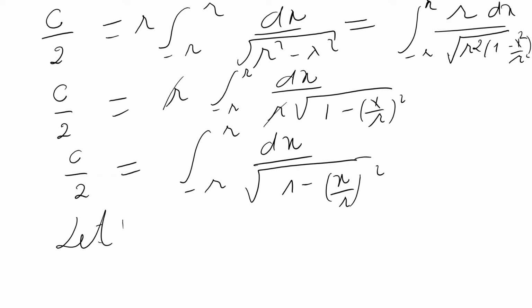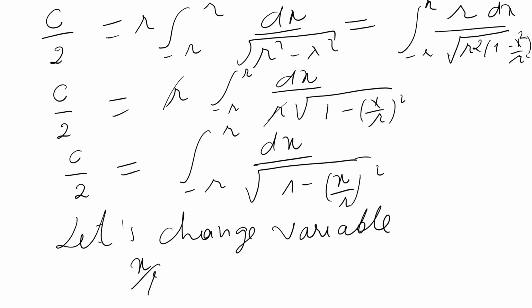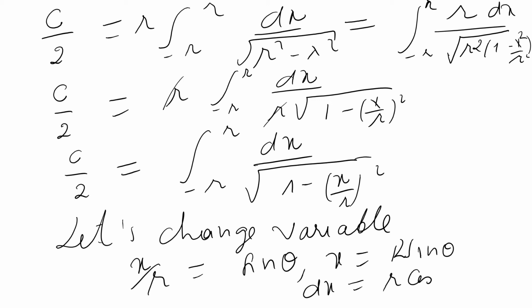Let's change variables. Let x over r be equal to sin theta. So x is equal to r sin theta, so dx is equal to r cos theta d theta.